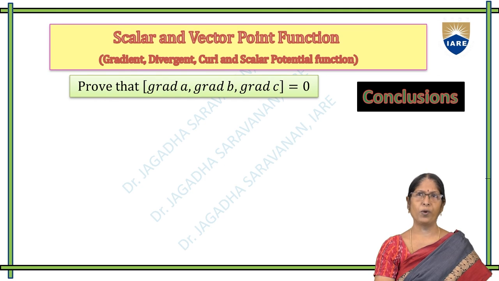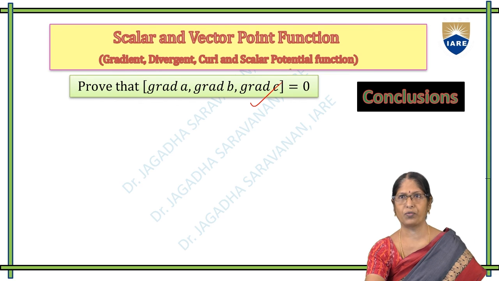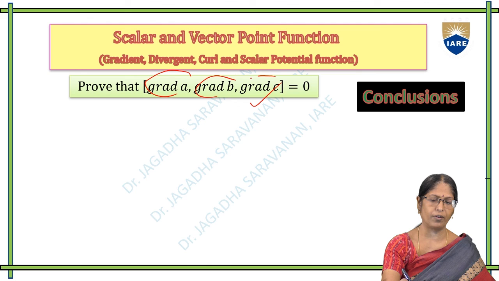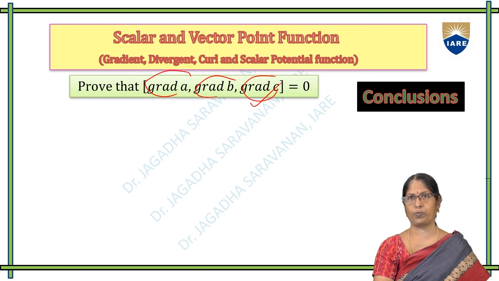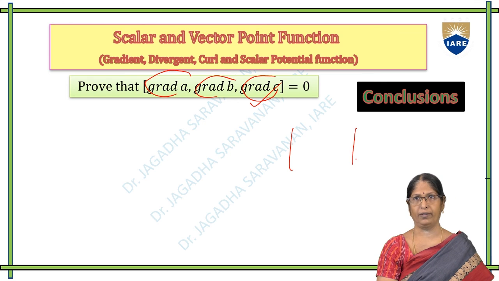Then we moved to the problem. Even in the initial discussion of the problem, we found grad A, grad B, grad C. And in proving what we obtained as the result, grad A, grad B, grad C, we have to find the determinant.